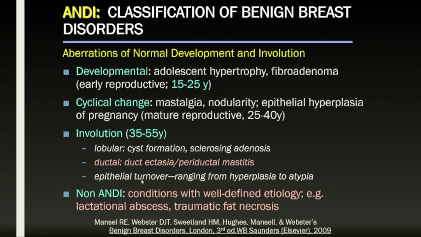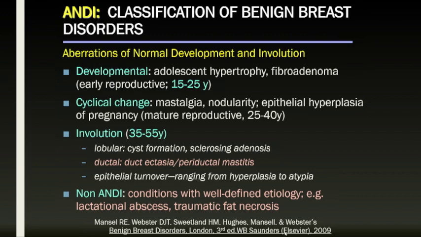Epithelial turnover is also common there, where you would have hyperplasia progressing in some instances to atypias, epithelial atypias, which need intervention, and then going on, and not addressed in this book, to malignancies.